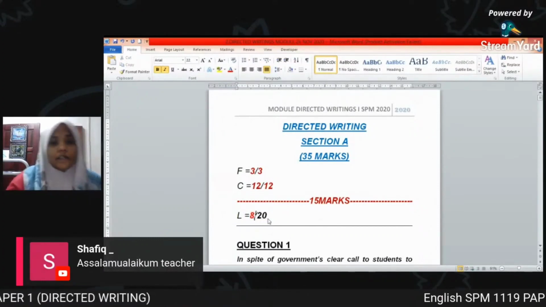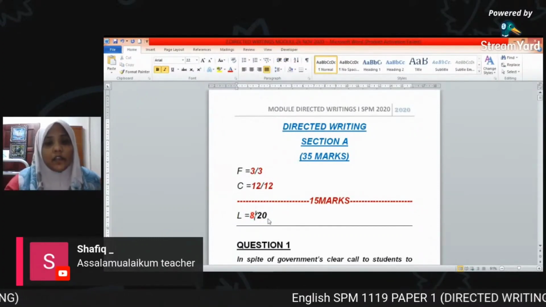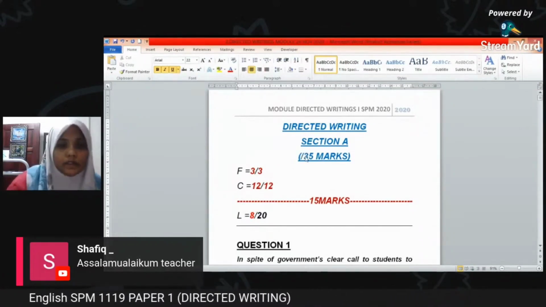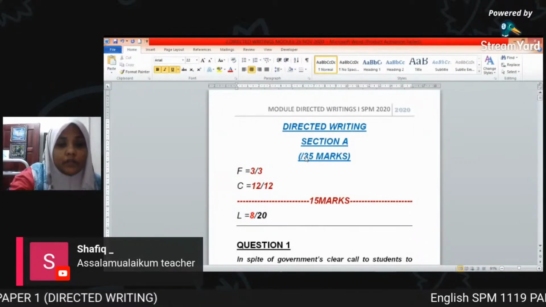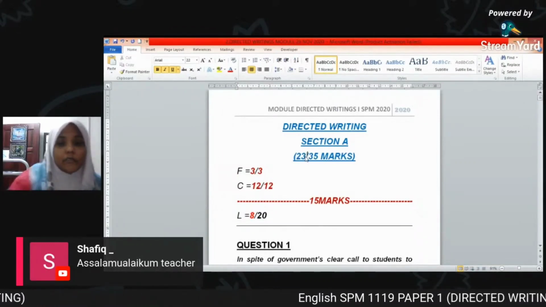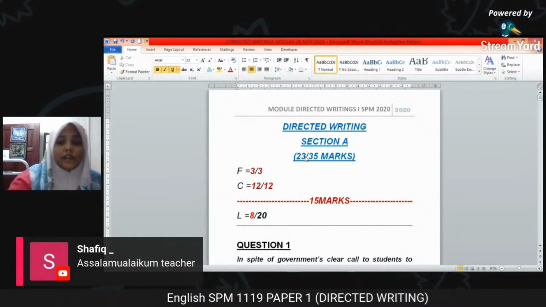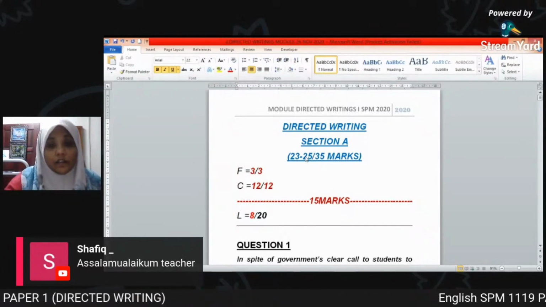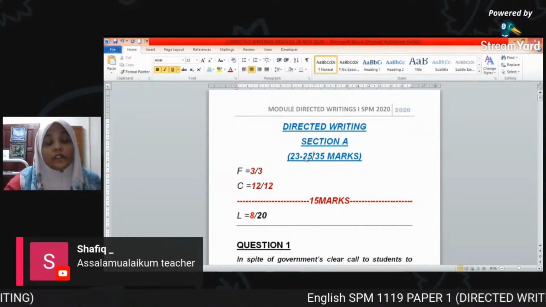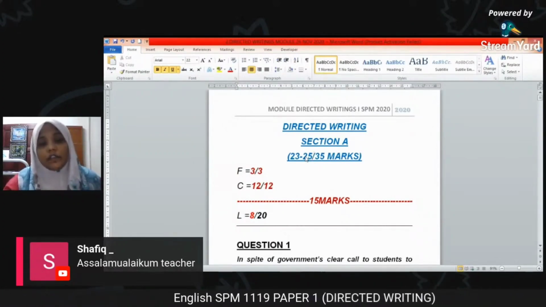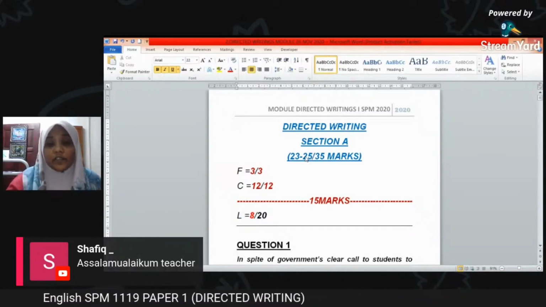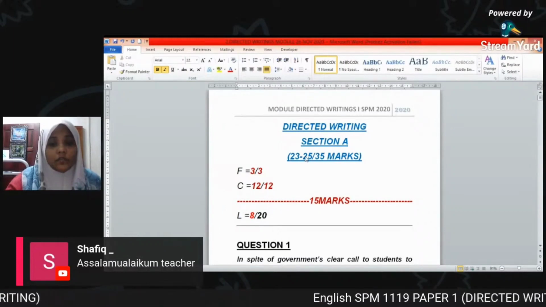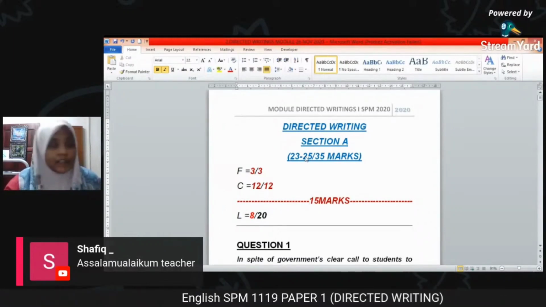So at least in Section A, how many marks is that? I assume you get 12 for content points, 15 plus 3, 8, 23 marks. Try to target at least 23 or 25 marks in Section A. Okay, that's for the allocation of marks. You're clear with that?